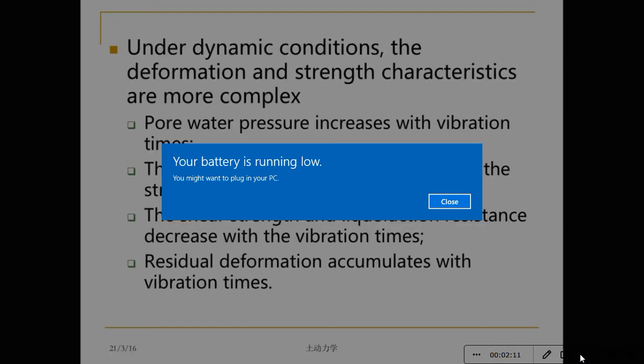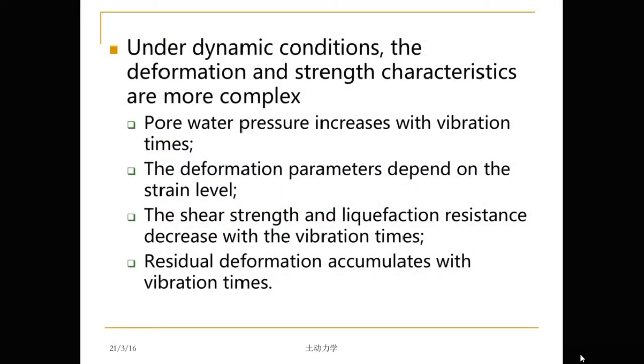Okay, that was just a review of the properties of soil under steady or dynamic conditions. Now let's see, we just concentrate on the dynamic conditions, the deformation and the strength characteristics of the soil, and they are more complex.